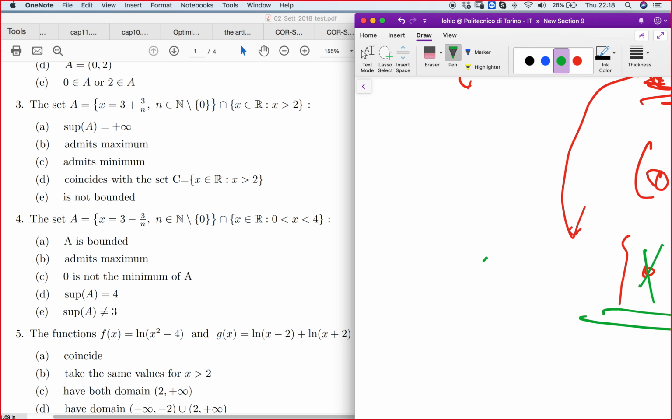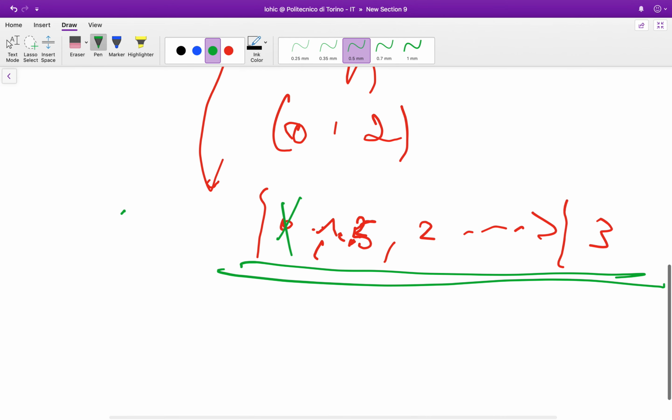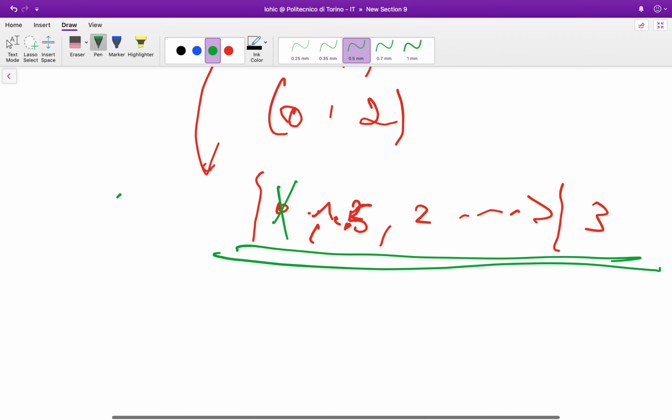Now going back to the statements, it says that A is bounded. Yes or not? Yes, B. Why not? It's clear that when I look at the set A, the set A will start from 1.5 and go on with some elements until 3.